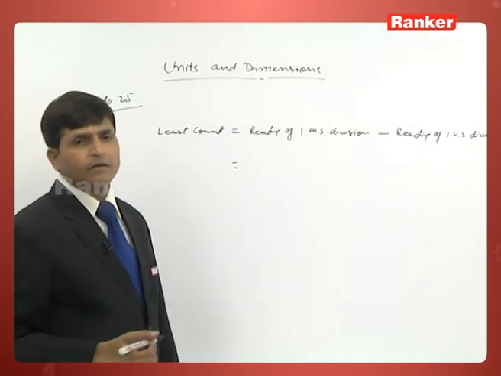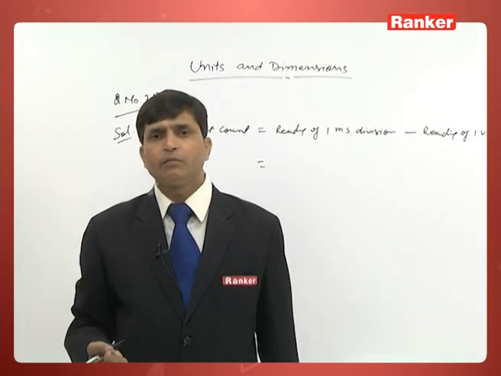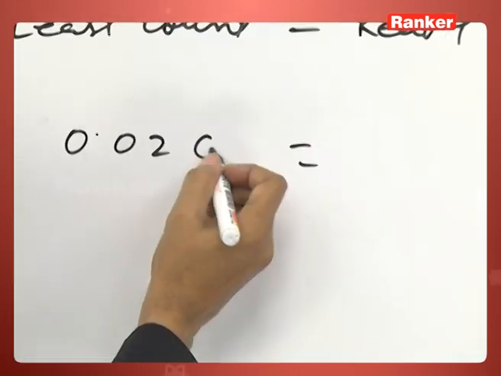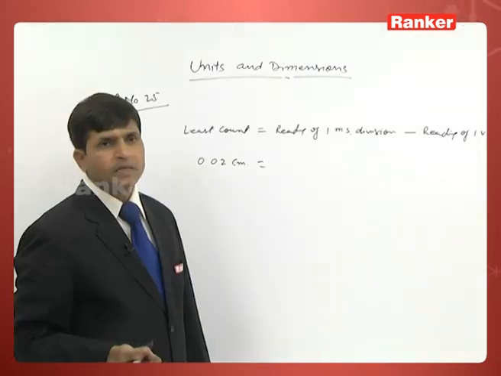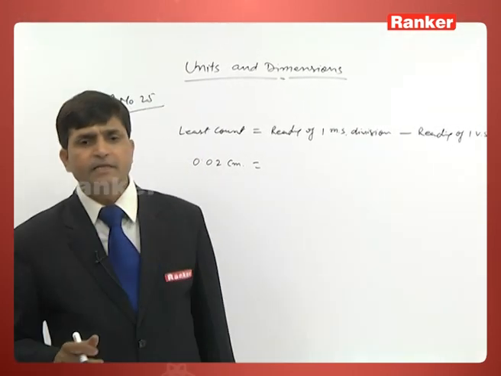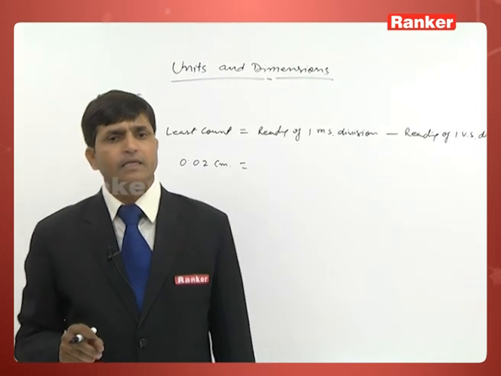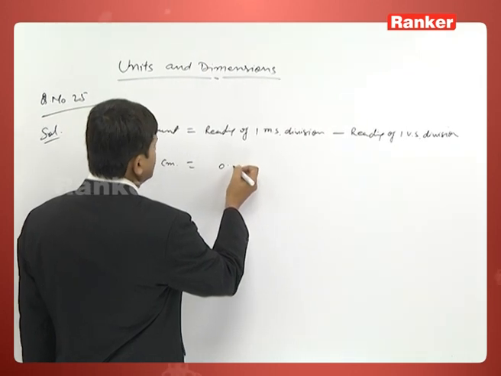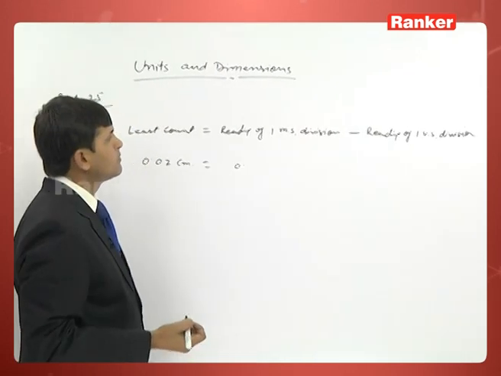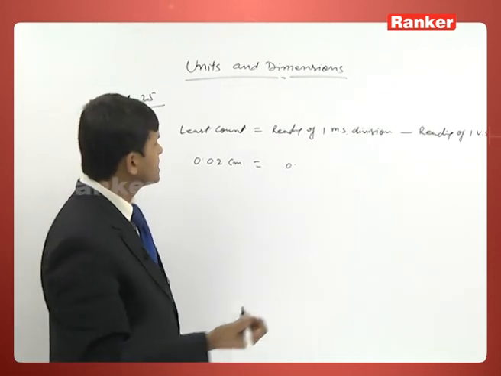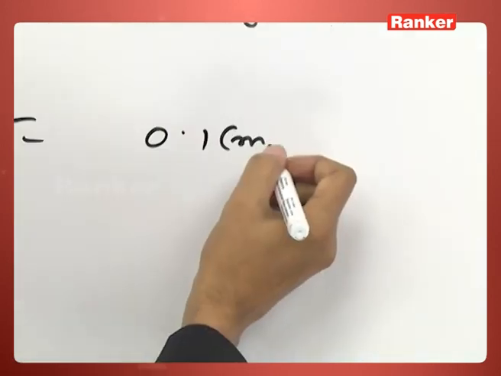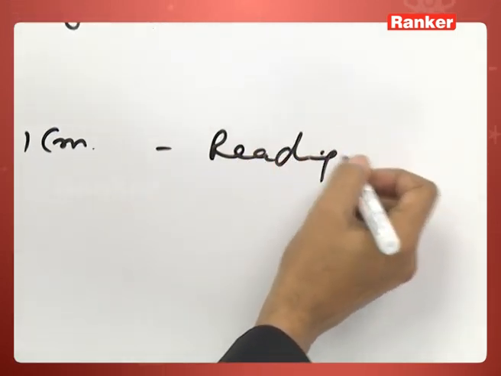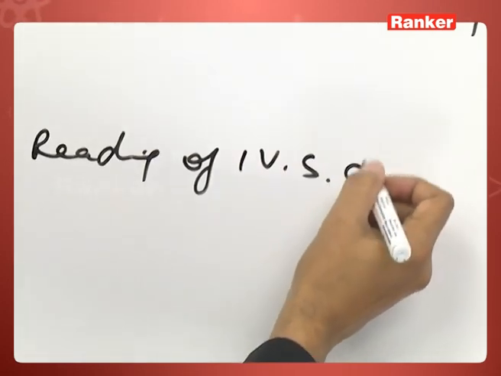It is given in our question that the least count value is 0.02 centimeter, and the reading of one main scale division is also given, 0.1 centimeter. So, minus the reading of one vernier scale division.